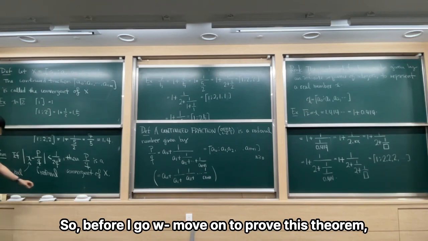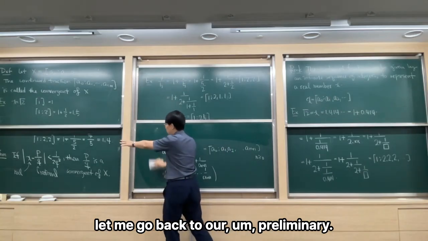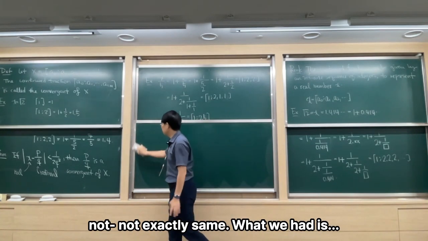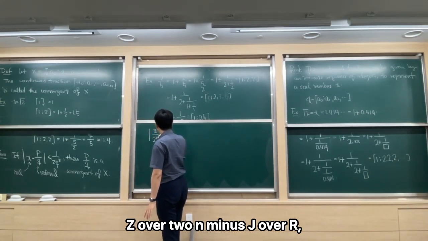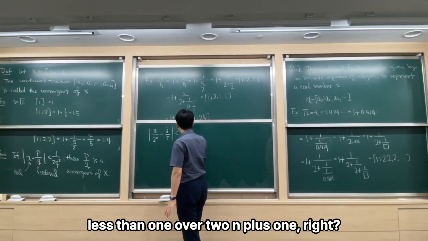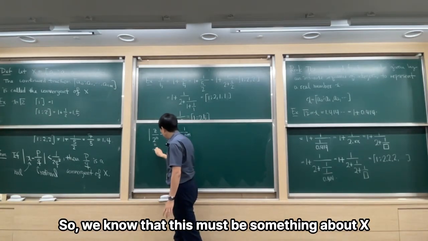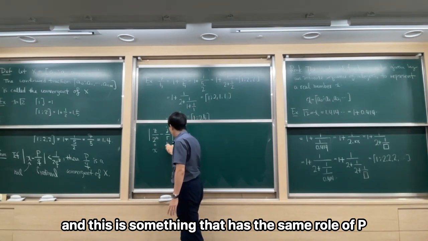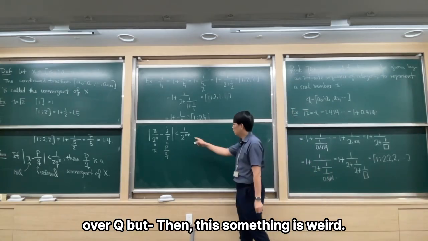So before I move on to prove this theorem, let me go back to our preliminary. So what did we have? We had something similar, not exactly the same. What we had is z over 2^n minus j over r less than 1 over 2^(n+1), right? So we know that this must be something about x, because that's what we know. And this is something that has the same role as p over q. But then this something is weird.